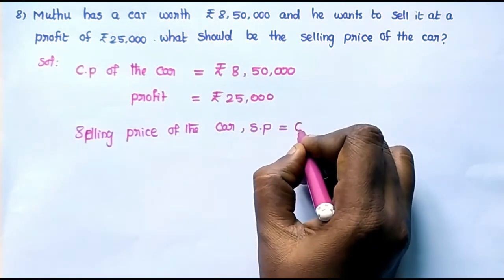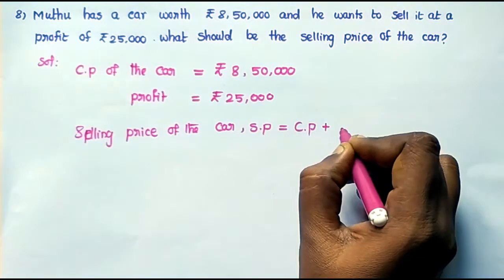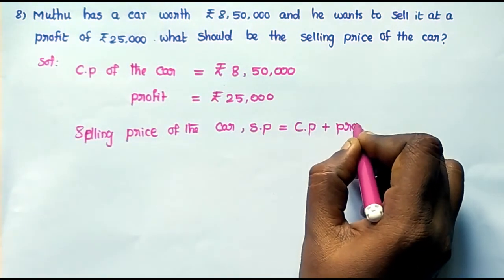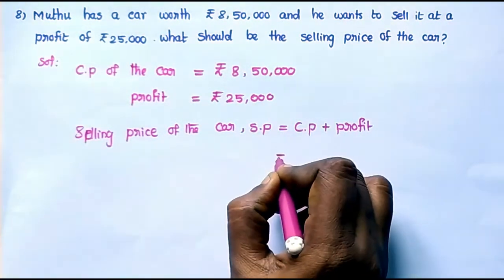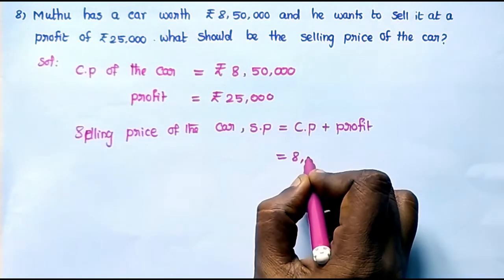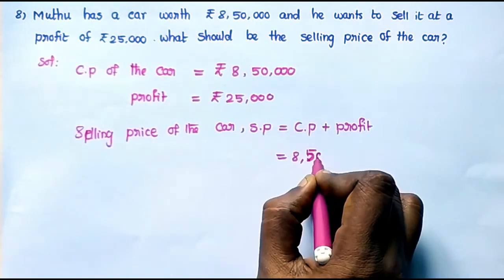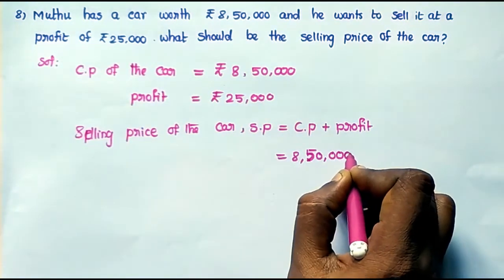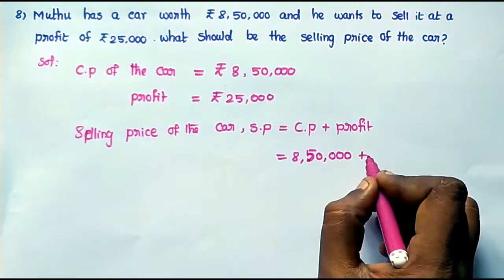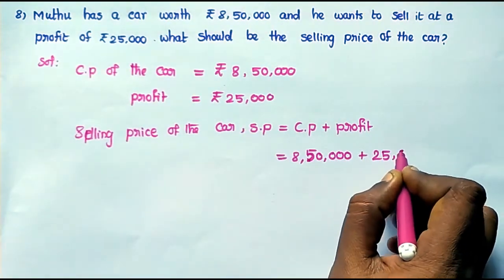Equal to cost price plus profit, that is equal to 8,50,000 plus profit 25,000.